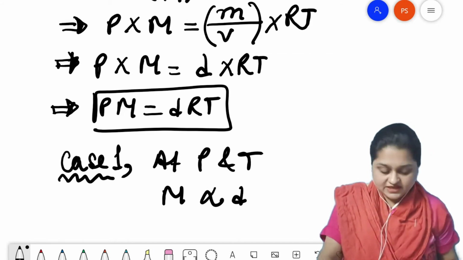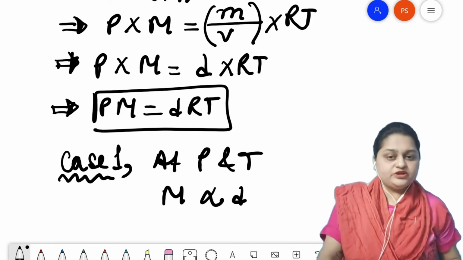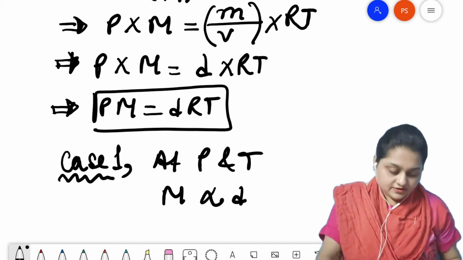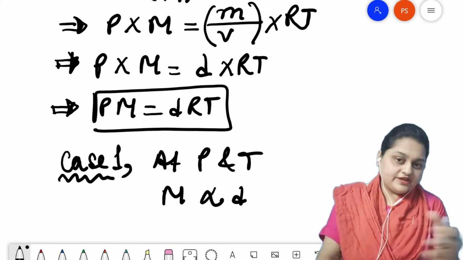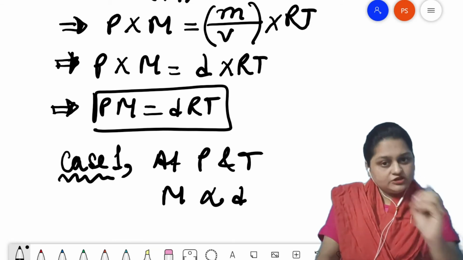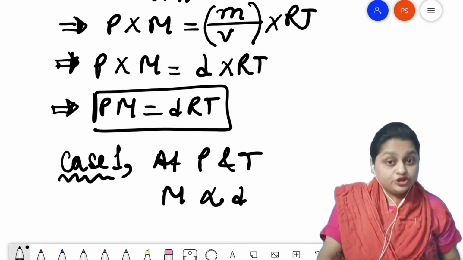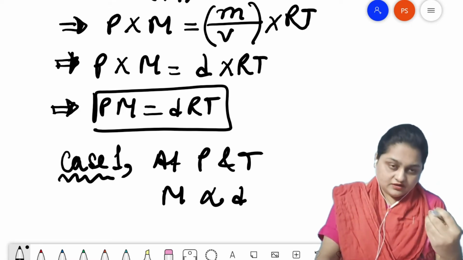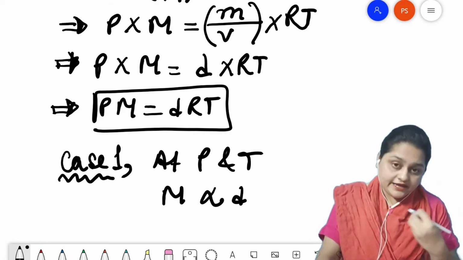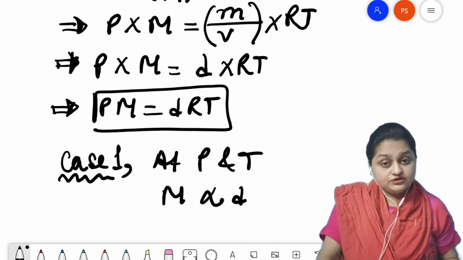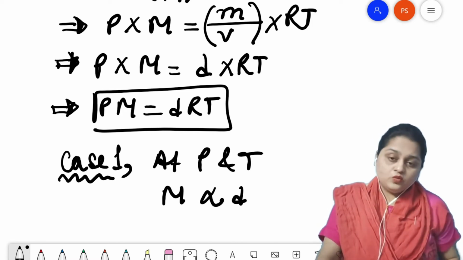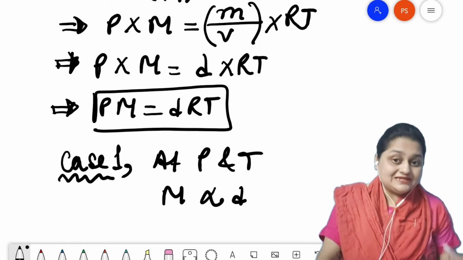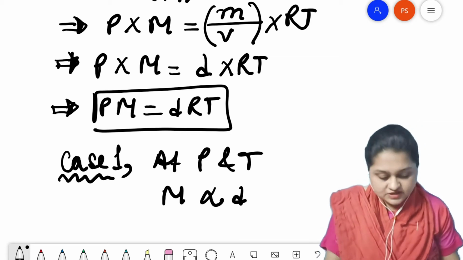What this is saying is that if temperature and pressure are constant, and we compare different gases, the density of different gases will depend on their molecular mass. A gas with a higher molecular mass, a heavier gas, will be more dense compared to a lighter gas. This is case number 1.